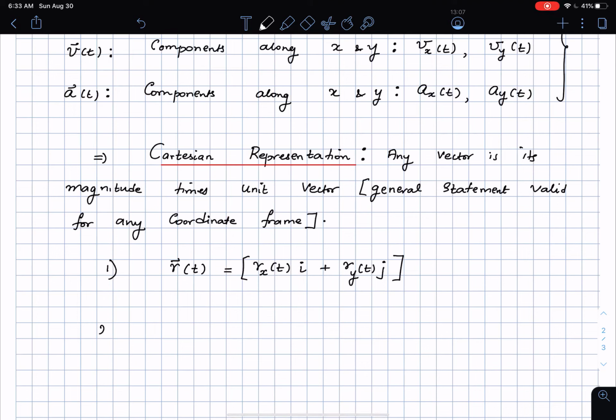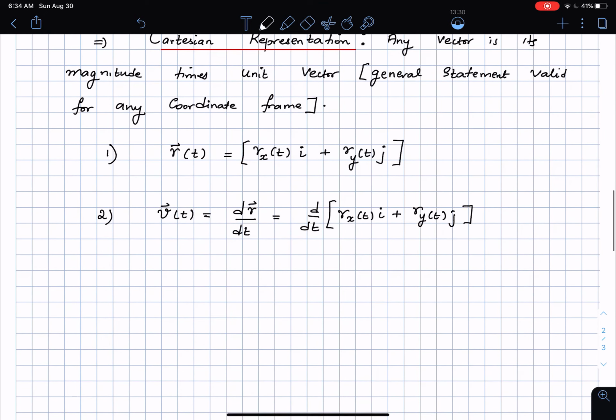Then I go to the velocity vector. The velocity vector is the rate of change of the position vector, which means that this is d by dt of rx of t i plus ry of t j. Just bear with me while I do this. I'm making use of the product rule.